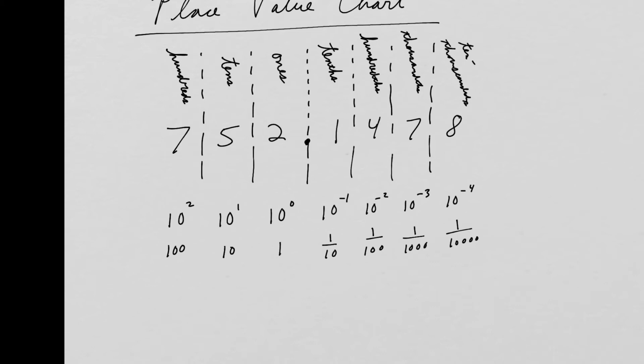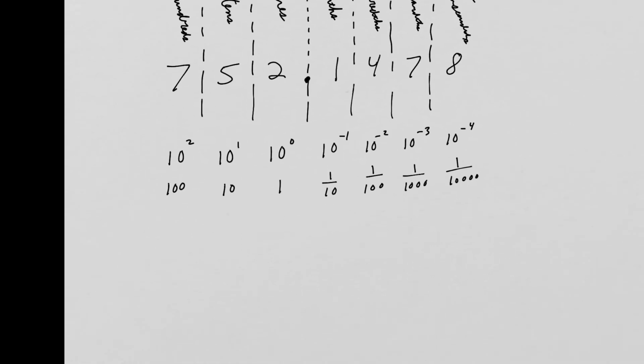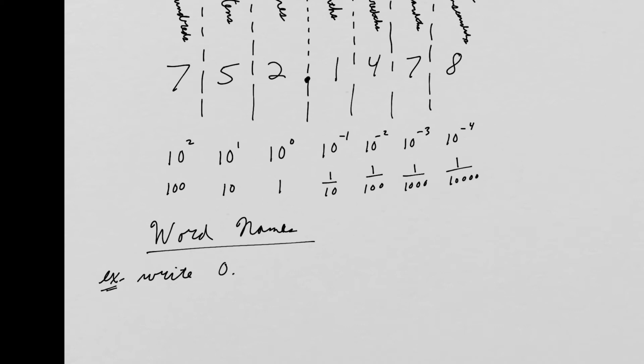Okay, just like we did with the whole numbers, let's talk a little bit about word names. Let's say I want to write this decimal value in words. I'll use 0.72.